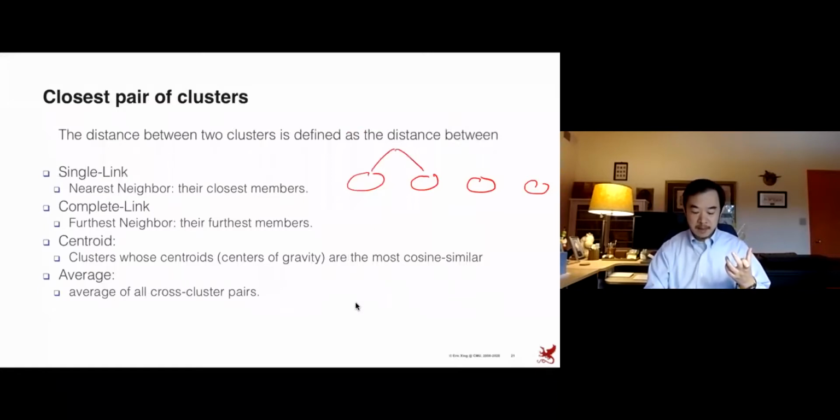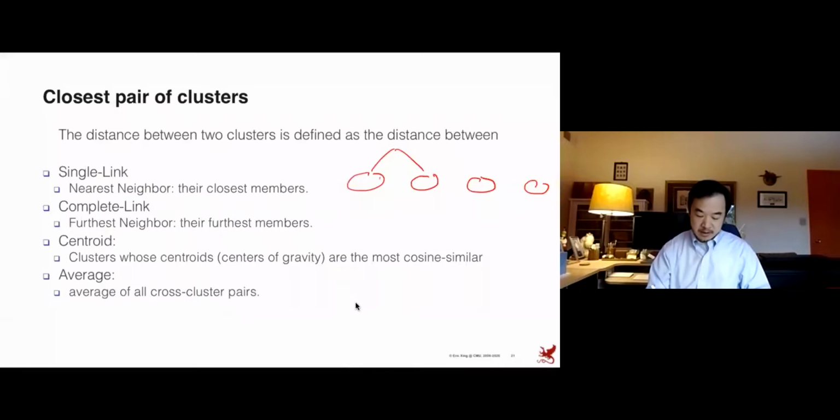That requires you to compute the distances between two clusters. And again, there are multiple strategies. Here I give you 4 such instances. One is known as the single link. It basically tells you to measure the closest neighbors between the two clusters.